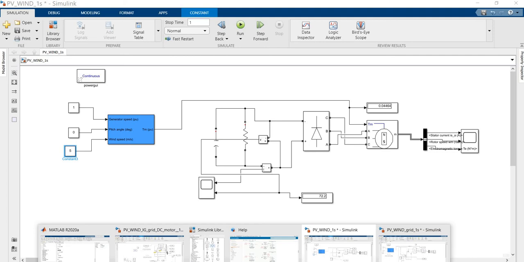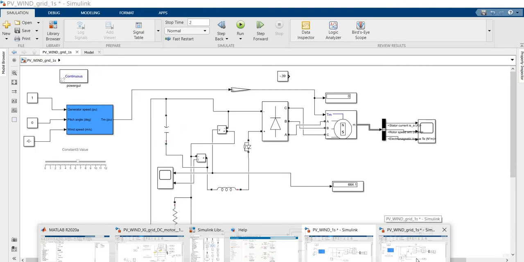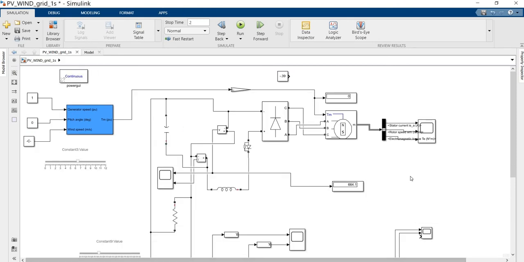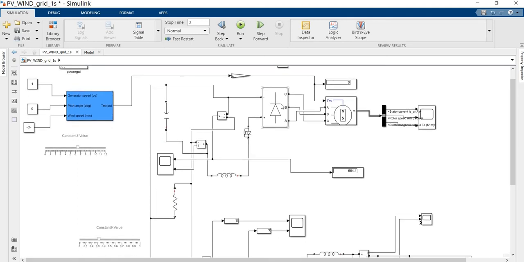Now we are going to see the grid-connected system with the PMSG. This is the system which is available here, the rectifier. After the rectifier, for smoothness of the waveform, I am going to put an LC filter.